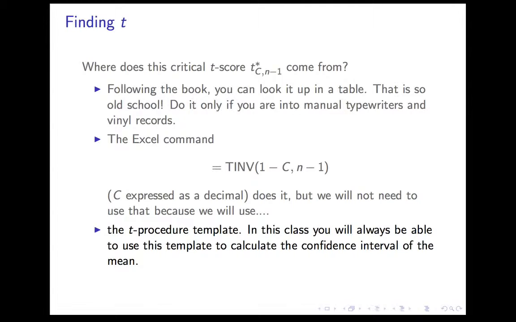Whenever in this class I ask you to compute a confidence interval for a mean, you will be able to use the T-procedure template. When you leave this class, it'll still be on the web, you're welcome to use it, but in any given context where you need to compute a confidence interval, you will probably have some kind of software, which you will have to learn, but it will work quite similarly.